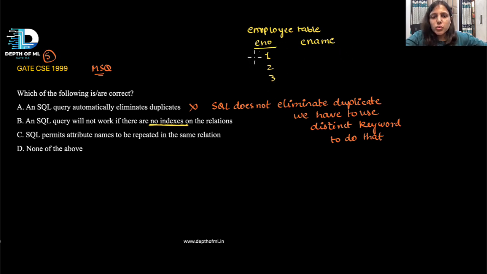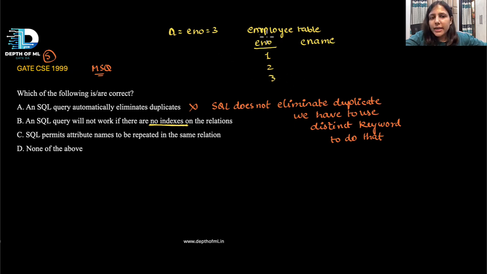Now this e number is unique, right? So I can create a hash map on this e number, so that whenever I need to access the record corresponding to e number 1, I can quickly access it in memory. If I don't create indexes, I will have to search through the whole table. Suppose my query is to search for e number equal to 3. I'll have to go through every record to find that number.